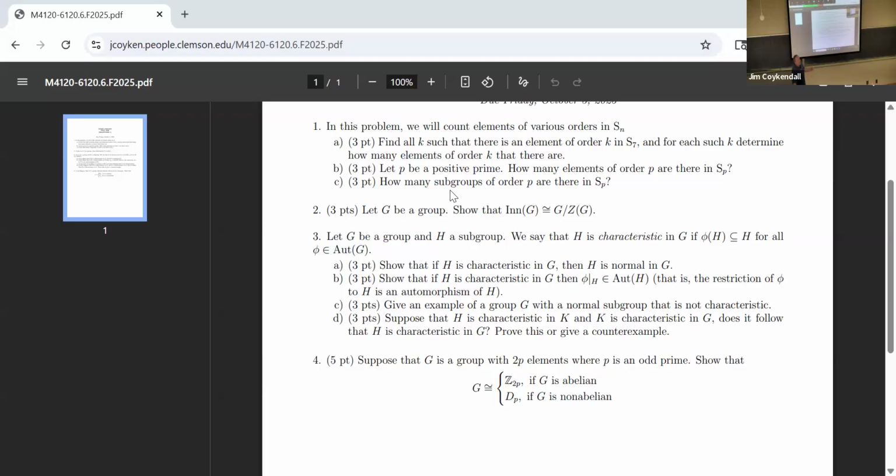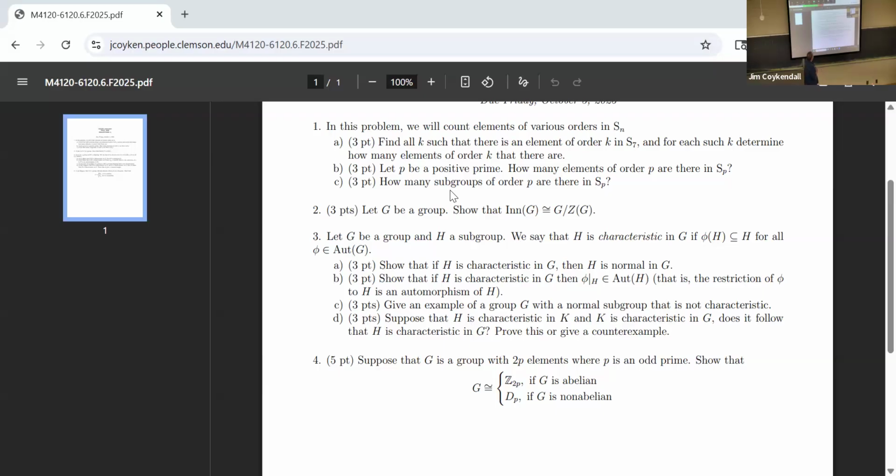So characteristic is truly a stronger condition than normal. Suppose that H is characteristic in K and K is characteristic in G. Does it follow that H is characteristic in G? Prove this or give a counterexample. Notice this is the same problem I asked you about normality. Let's see what happens here.